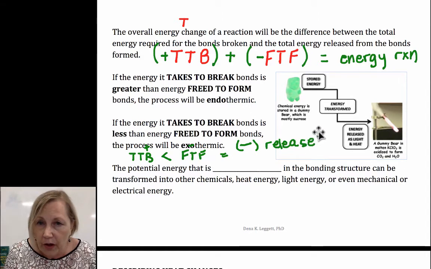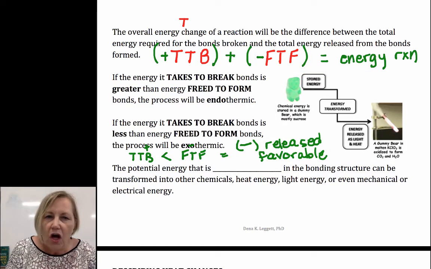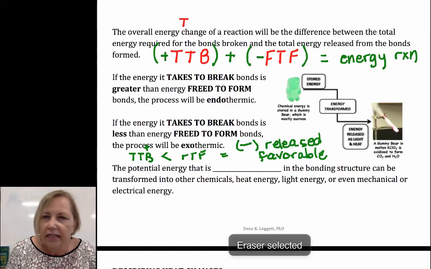That's favorable in chemistry. Heat released is favorable, and that is called exothermic.